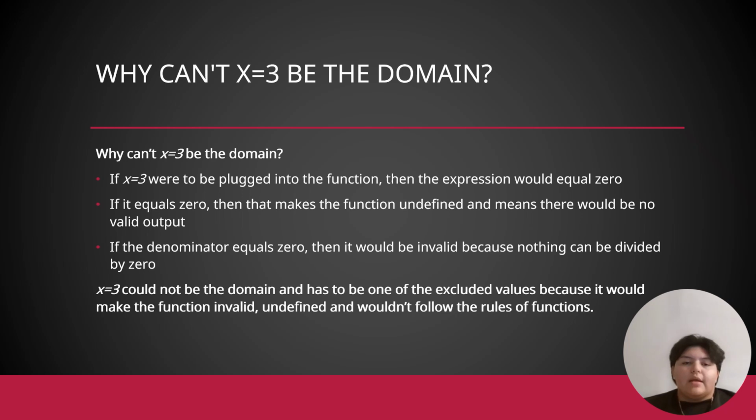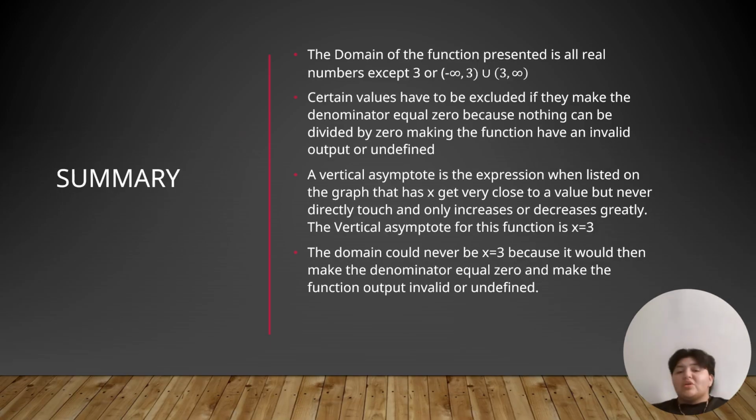So to summarize everything I just told you, I know it was a lot, but the domain of the function presented, f of x equals 1 over x minus 3, would have to be all real numbers except for 3, which in interval notation is negative infinity to 3, union, 3 to infinity.